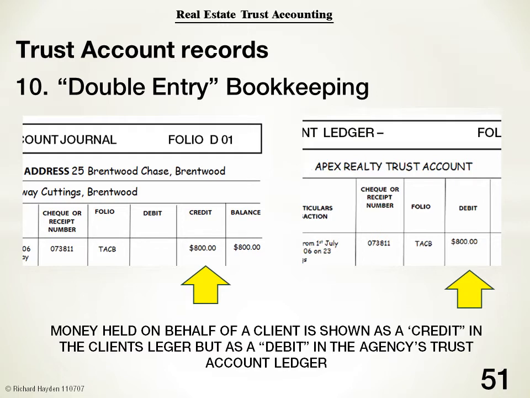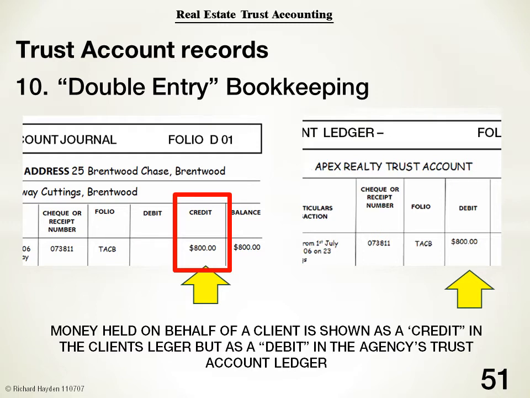This is for Apex Realty Trust Account. Now we can see on the ledger for the client that we have a credit of $800 that came in. Receipt number was 073811, and the folio was the trust account cash book.